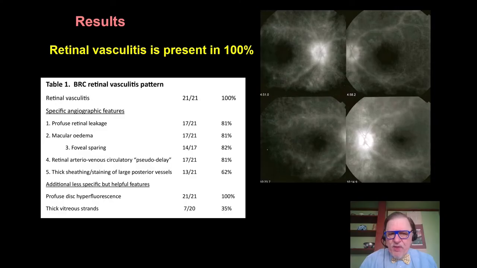Retinal vasculitis was present in 100% of cases, and it is a very typical vasculitis with sheathing on fluorescein angiography of the large posterior vessels, as you can see, especially here and here.